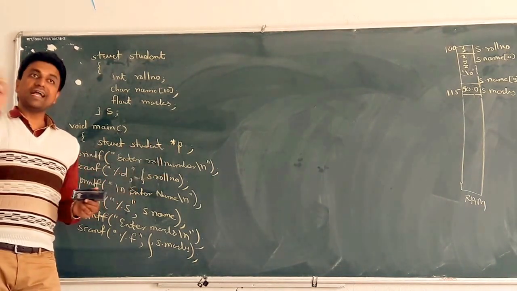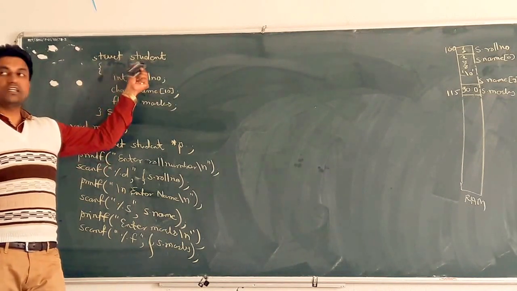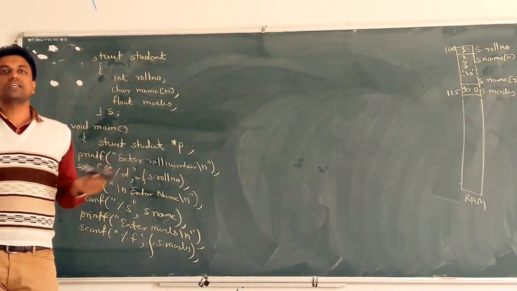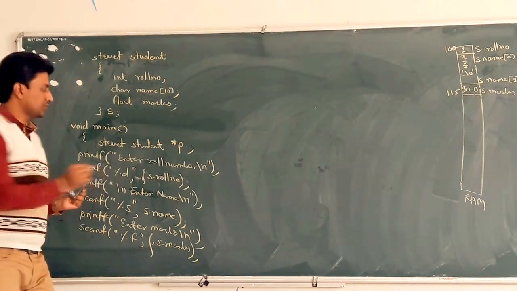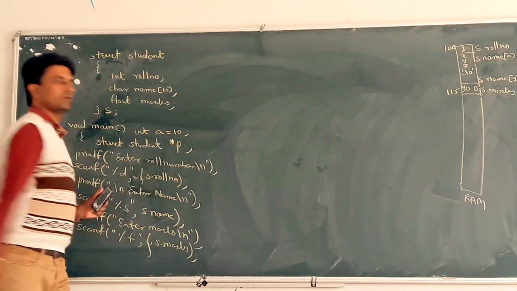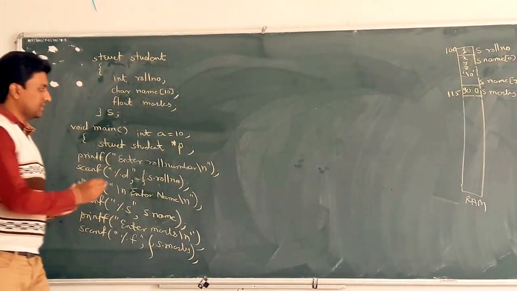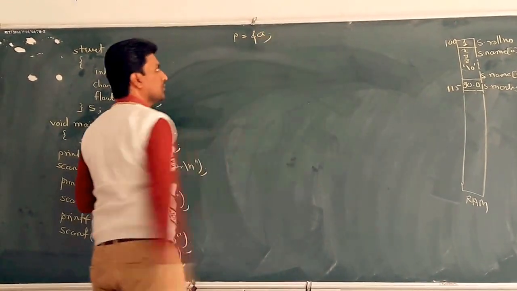Now p stores the address of what? A struct student variable. Not int, not float. If a simple variable is there, suppose in main integer a is equal to 10, we don't write p is equal to address of a. Is it possible?